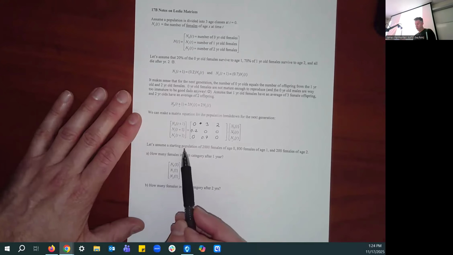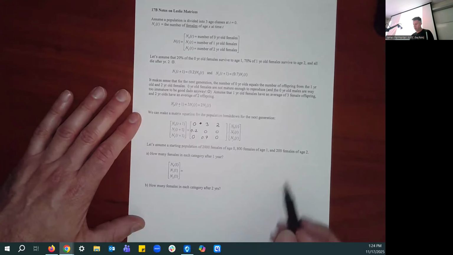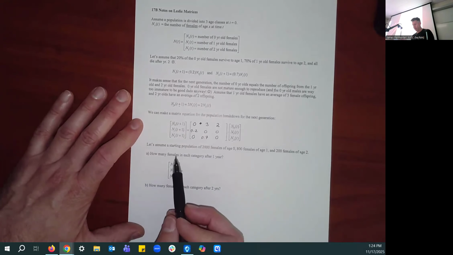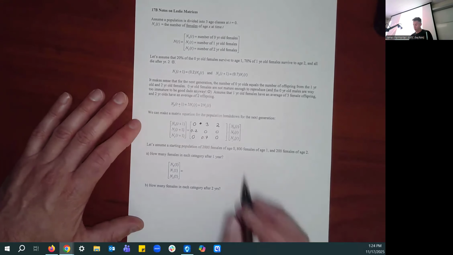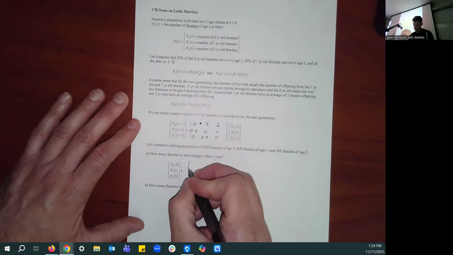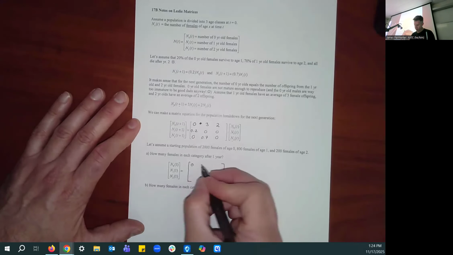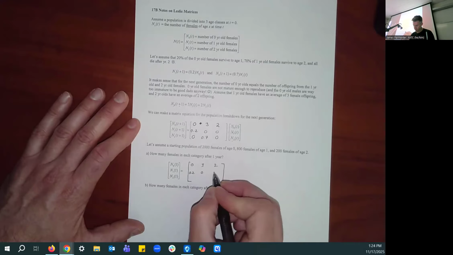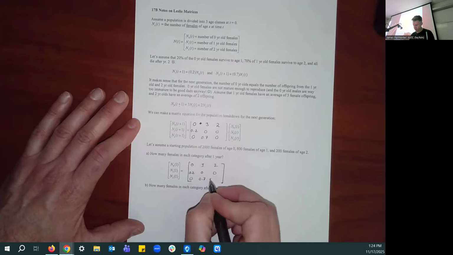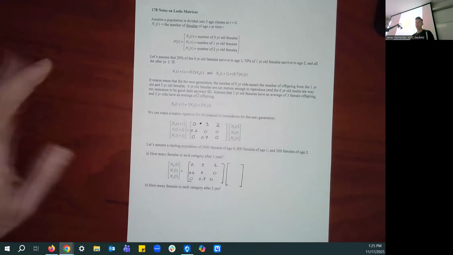Let's assume a starting population of 2,000 females of age 0, 800 females of age 1, and 200 females of age 2. And now we're asking the question, how many females are going to be in each category 1 year later? So we're going to take our Leslie matrix that tells you how the population changes from year to year, and write that down: 0, 3, 2, 0.2, 0, 0, 0, 0.70. And we're going to multiply that by the population vector they just described.